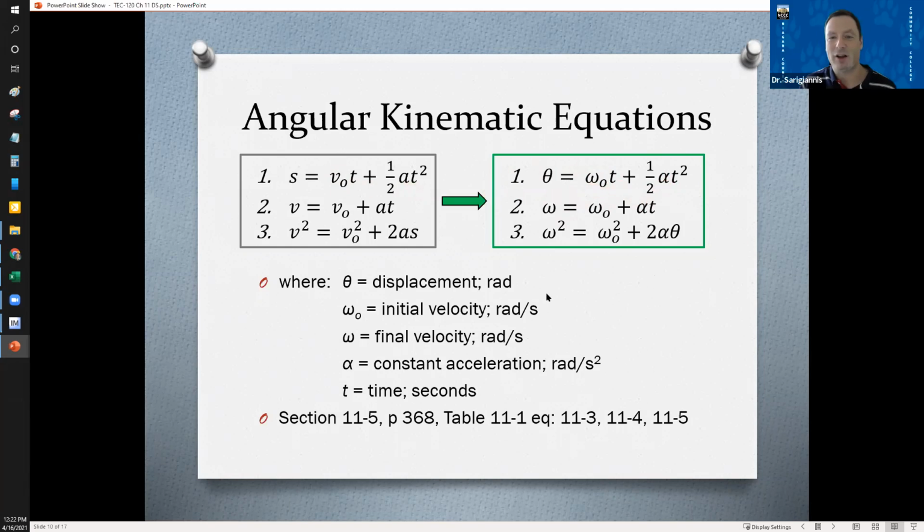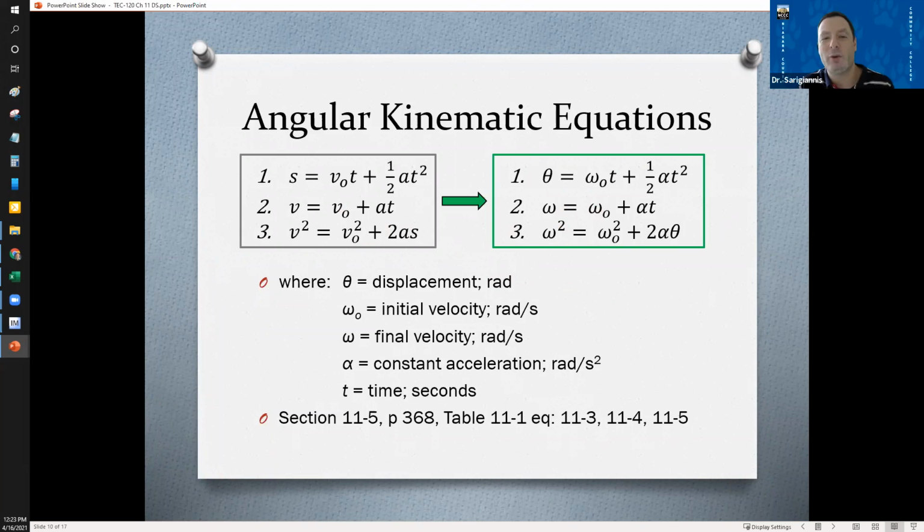And you can see the analogs between them, right? Final velocity, final angular velocity. Initial velocity, initial angular velocity. So same basic sets of equations. Looks like I put the reference in. This is where it is in your textbook. In fact, I think your table has both sets in it.